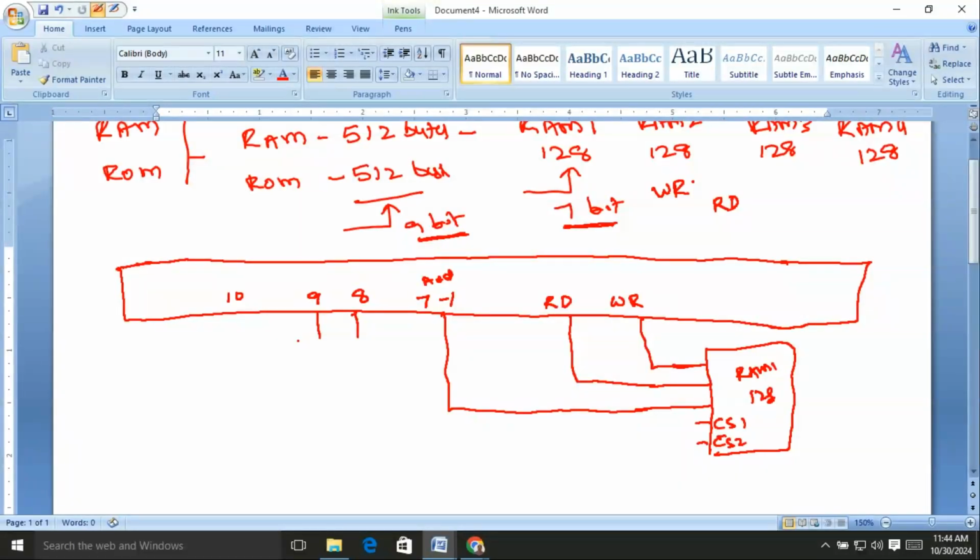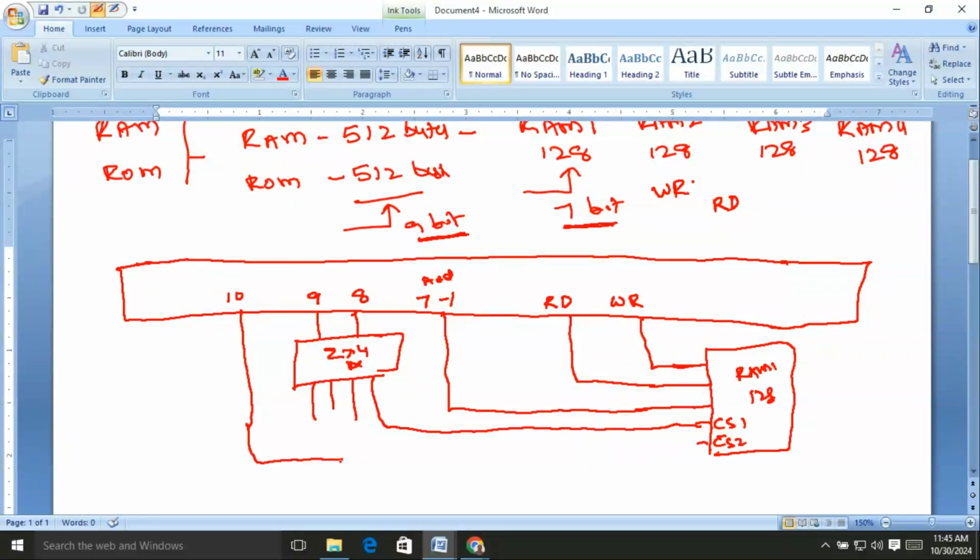To connect the CS1 and CS2, because 4 chips are going to be identified, for that reason the 8th bit of address and the 9th bit of address are connected to the 2 by 4 decoder. The 2 by 4 decoder, we know, is able to generate 4 outputs. The first output is connected to the CS1, and CS2 bar is connected to the 10th bit.